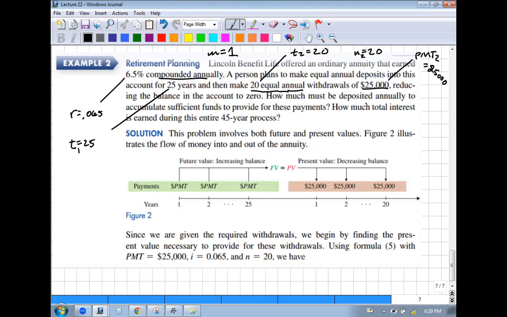How much must be deposited annually to accumulate sufficient funds? So that's the first 25 years. So we're asking for PMT1. So for the first thing that happens, the first 25 years, to provide for these payments. And then how much total interest is earned.